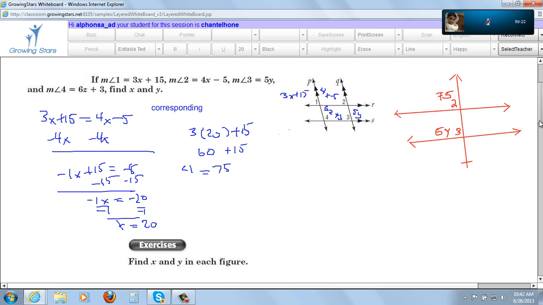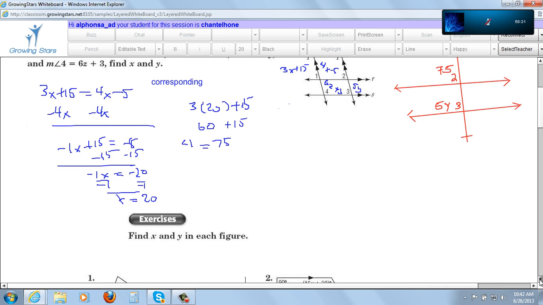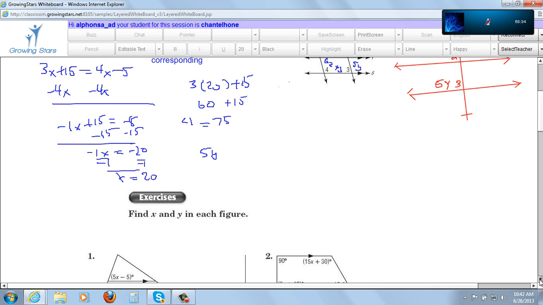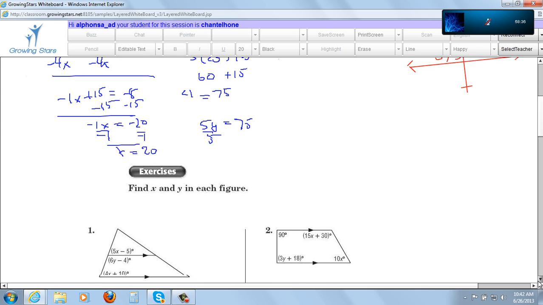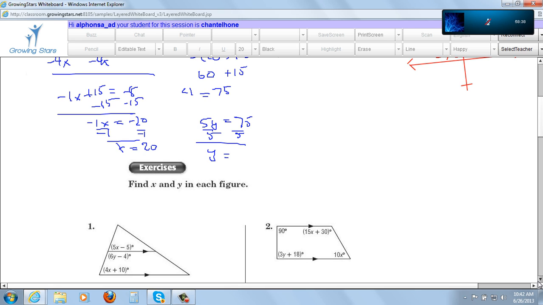Now can you get the value of y? 5y equals 75? Yes. 75 divided by 5 is 15. Yeah, okay.